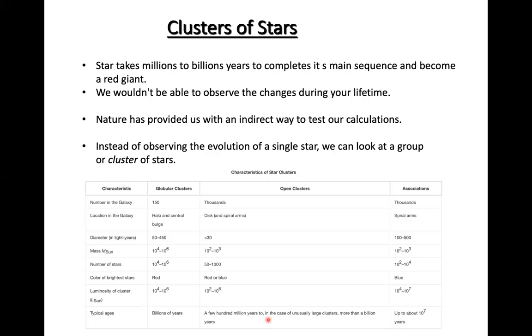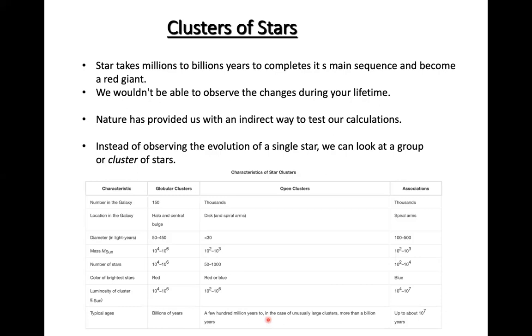Right. So I already have told you these things, but if I go through those again, stars often form within these molecular clouds, as we discussed, and this one cloud can form hundreds to thousands of stars together, right? So this is why we see these types of star clusters.